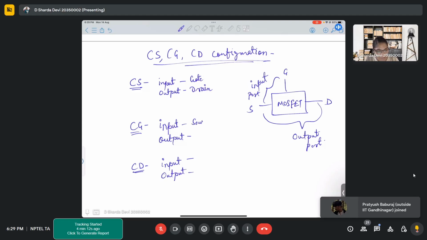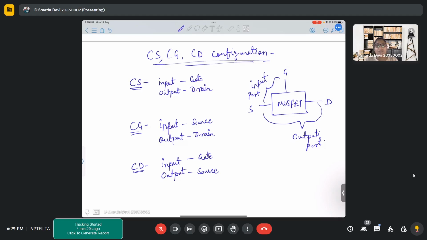You'll give your input at source and get your output at drain. Now when there is a CD configuration, which is common drain configuration, the input will be given to gate and output will be taken from source. So this is something which is very basic and we have to keep it in our mind.